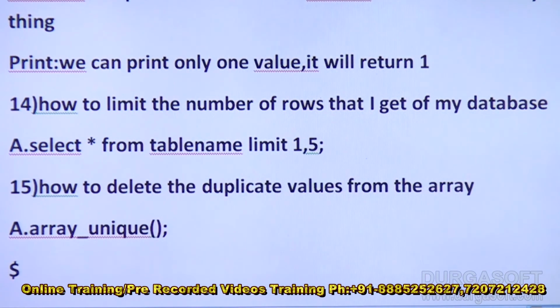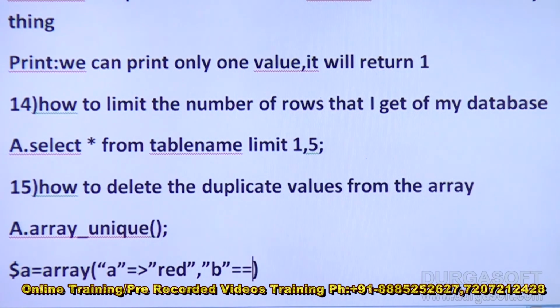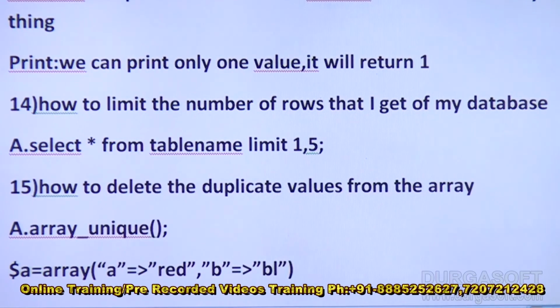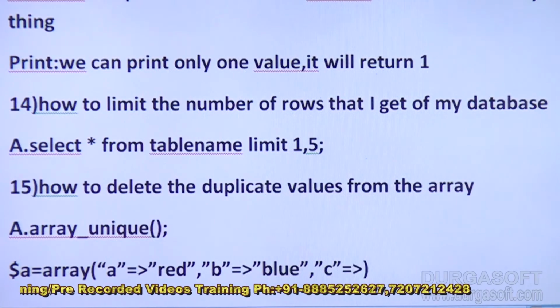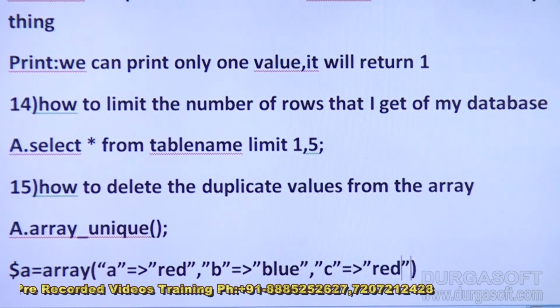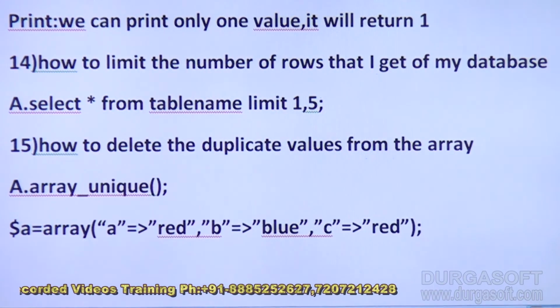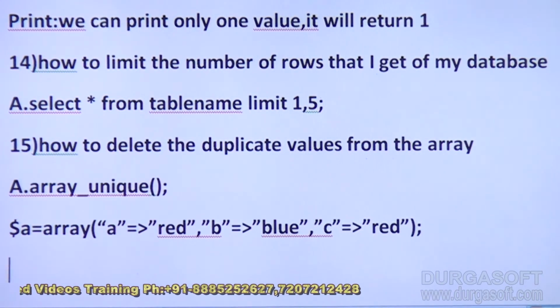For example, here I have an array with the name $a is equal to array of, in that I have the values a is red, and b is blue, and in the c also I have the same value, that is red. In the a and c you have the value red.